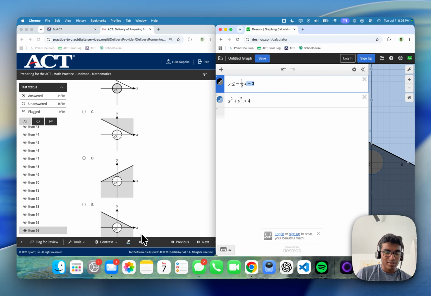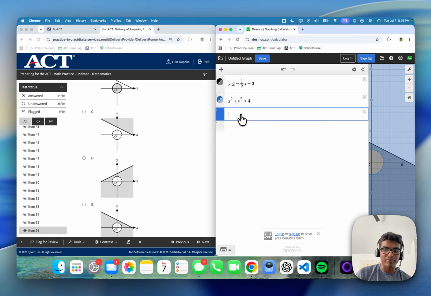Okay, so as you can see, E and C are almost the exact same thing, but the opposite is filled. Like the top is filled here, E is filled at the bottom over here. So what I'm going to do, let's sub in the point 0, 0 for the first equation. If the condition is met, then the shaded area goes there.